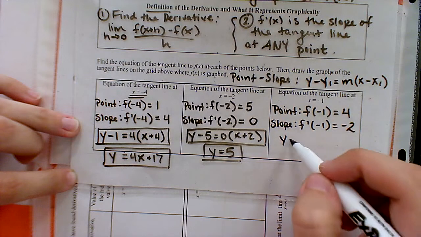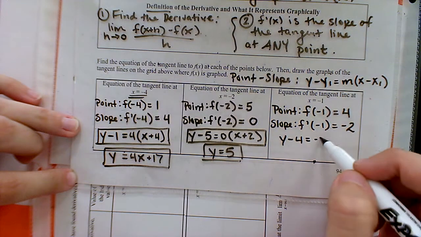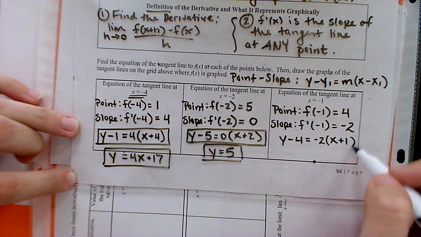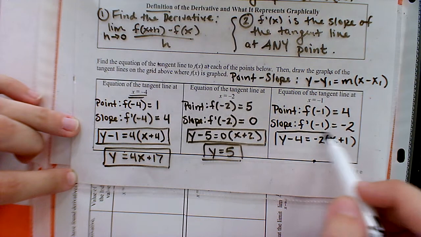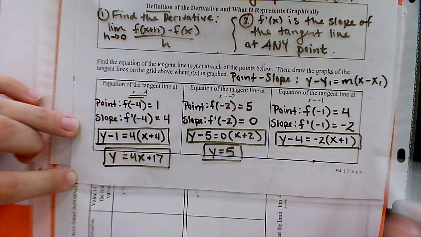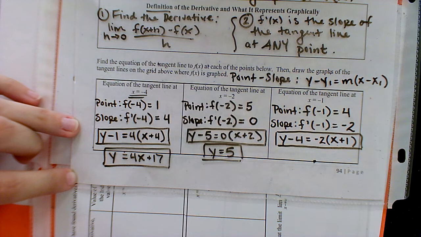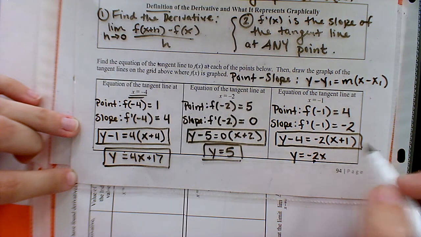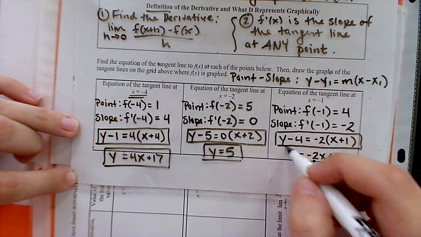So putting it all together, y minus y1 equals slope times x minus x1. You can leave it like that, or you can turn it into slope-intercept form. y would equal -2x plus 2.